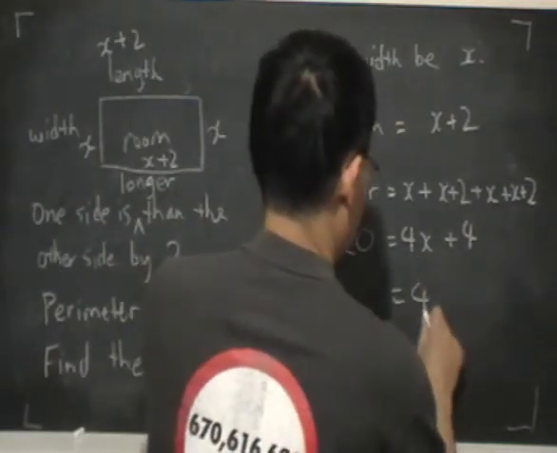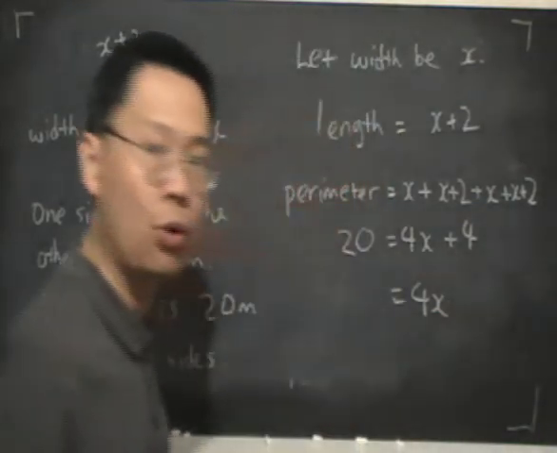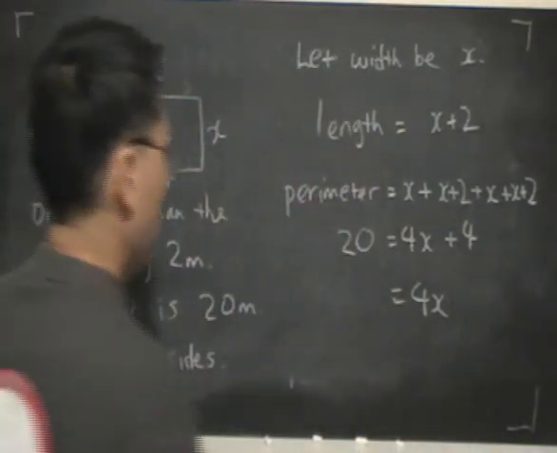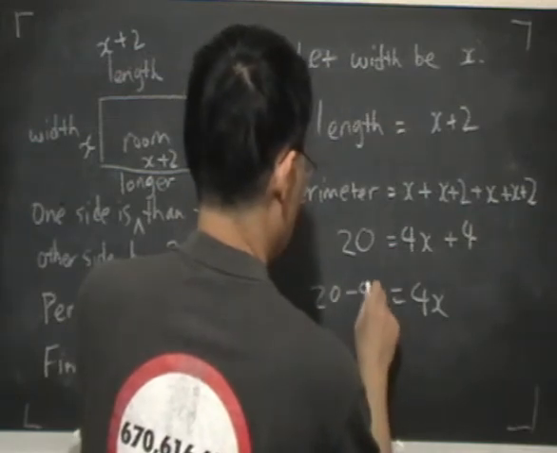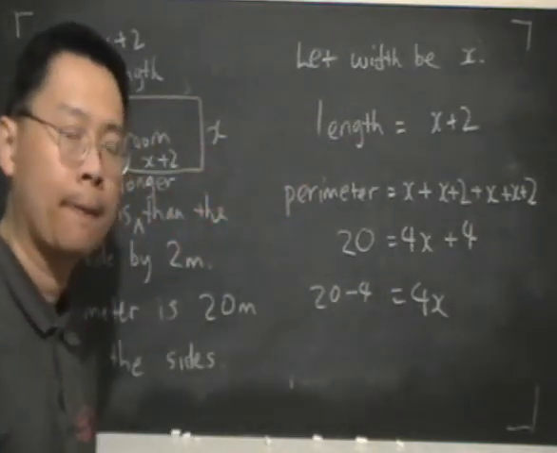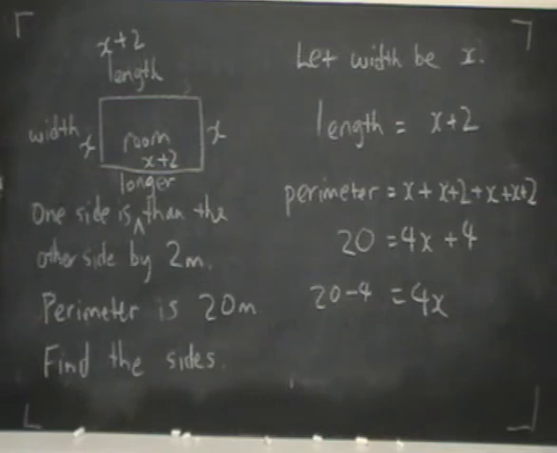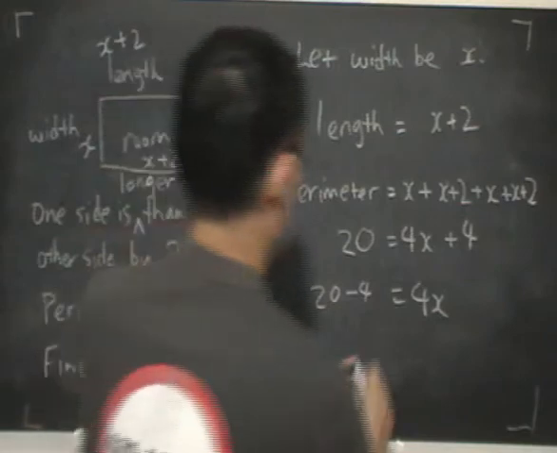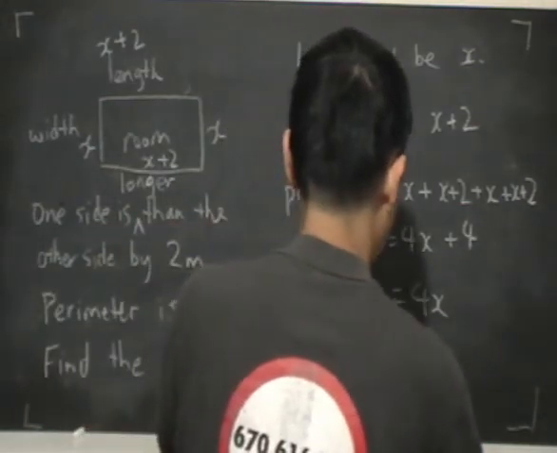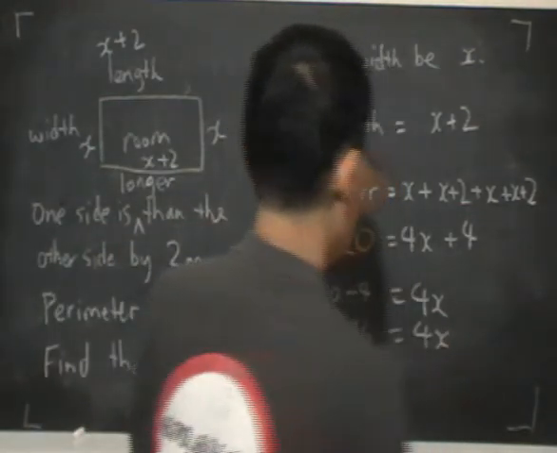So minus the right side by 4, the 4 is gone. Minus the left side by 4, we get 20 minus 4, which would be 16. 16 equals 4x.